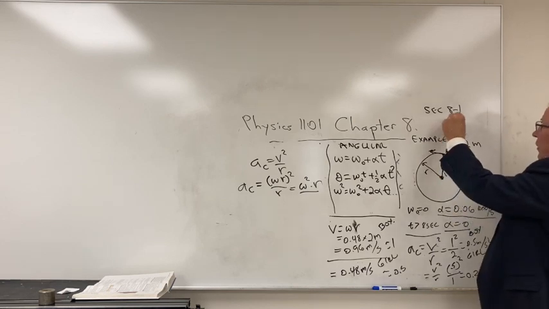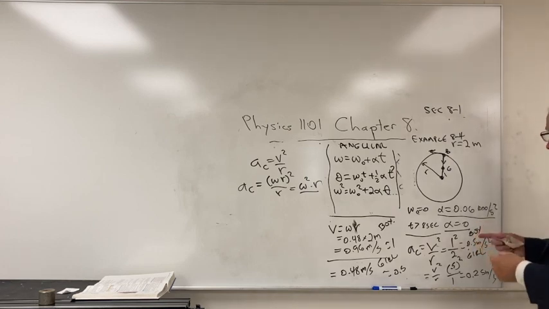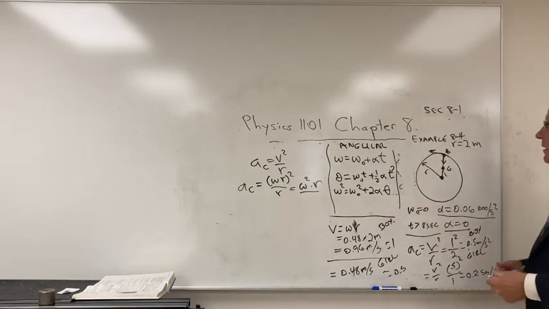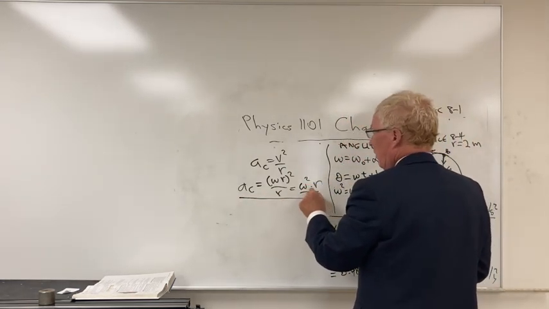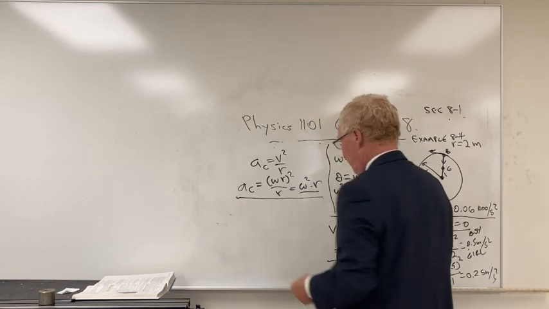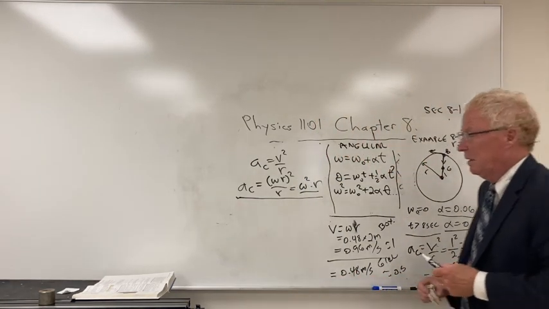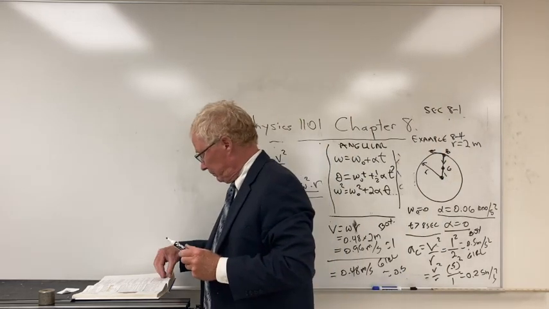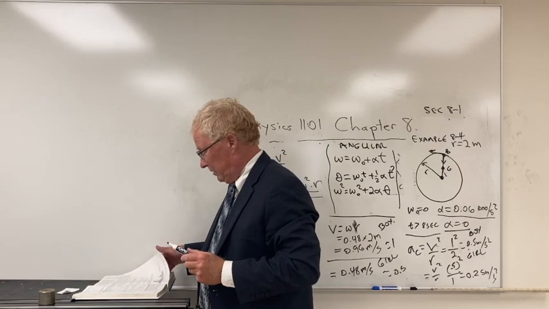If you go out to 4 meters, it would be twice this, 1 meter per second squared, and so on. So this is the expression if you have omega and r for the centripetal acceleration. Again, this is different from the angular acceleration. That's what we're going to be dealing with there.